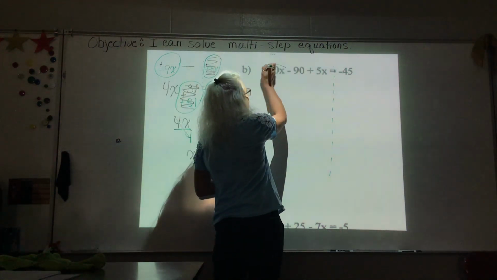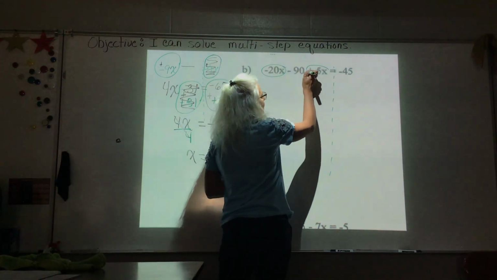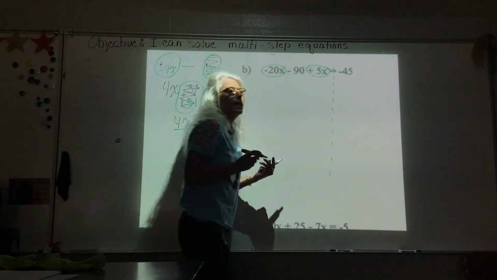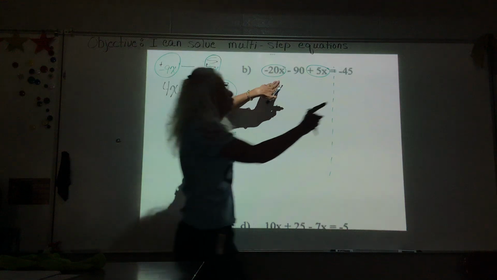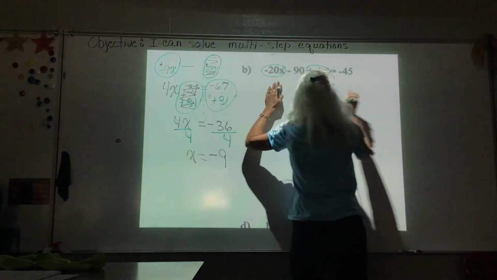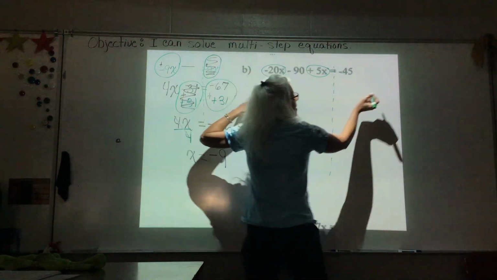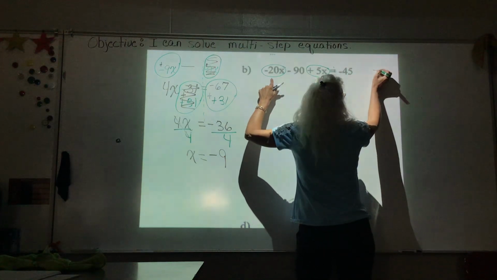So here is where I circle my like terms because I'm needing to combine them. Guys, when you do your combining problem, do it over here by the margin. Do not write it down below here, because some of that is causing us some problems.